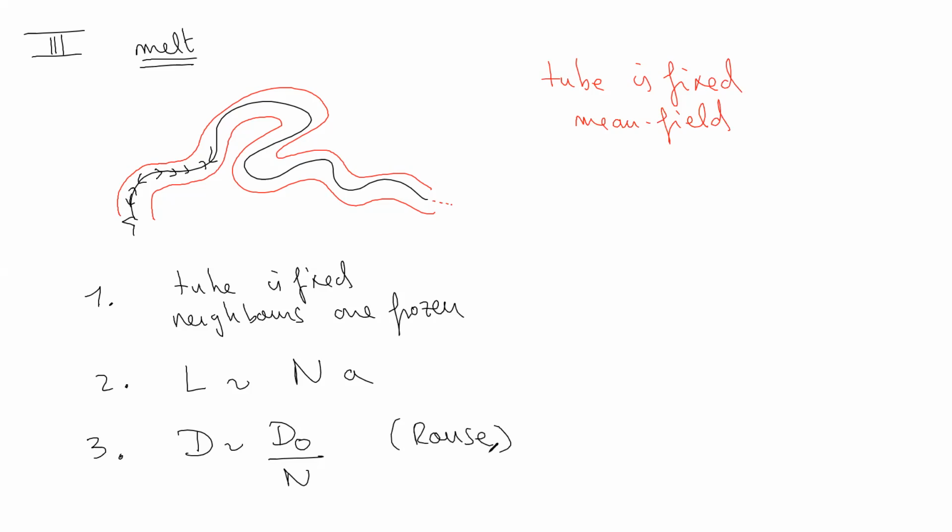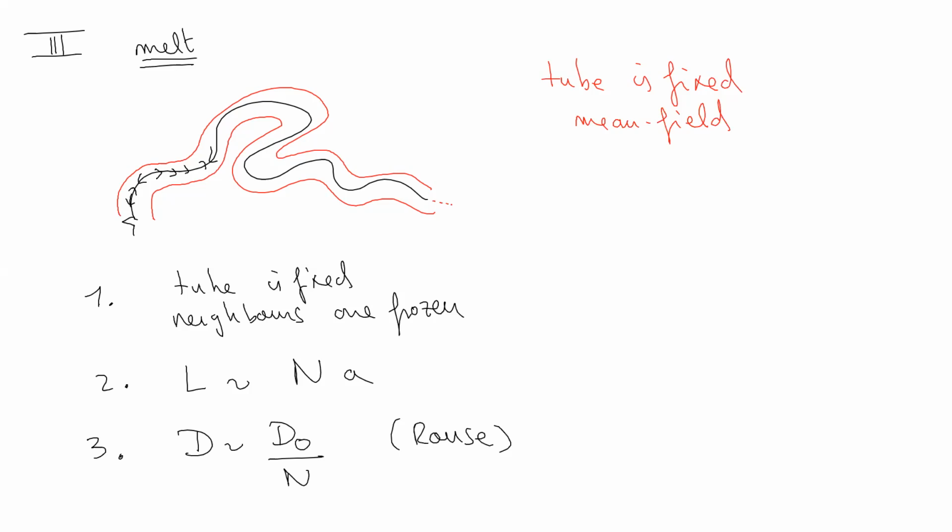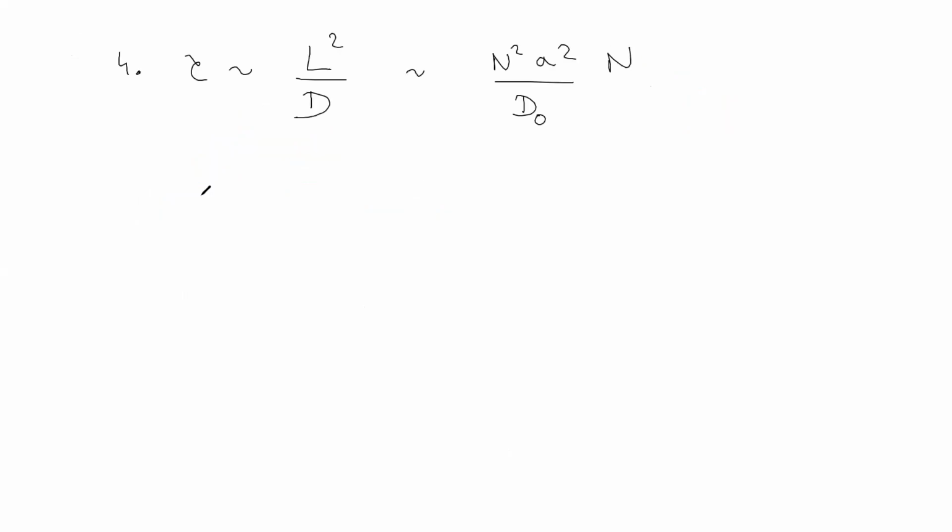And so the time scale for relaxation is immediate. If I write this, the time scale for relaxation is the length over which I need to diffuse divided by the diffusion coefficient, which is L squared, A squared N squared, and this is D0 times N. So the time scale for relaxation is A squared over D0 times N cubed.